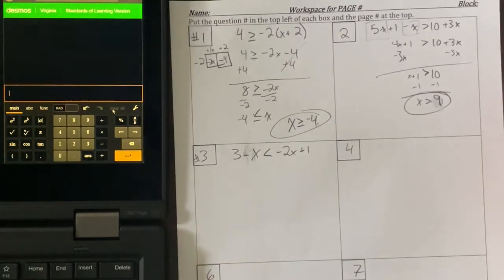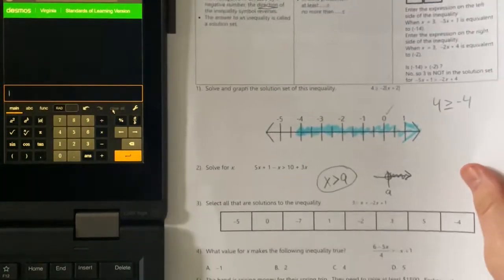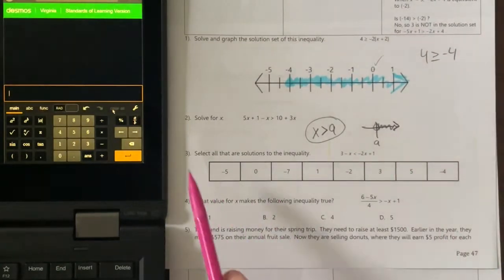Okay, what I can do is I could just plug in and see which ones work out. Let's keep it simple for this one. I'm still on number 3.